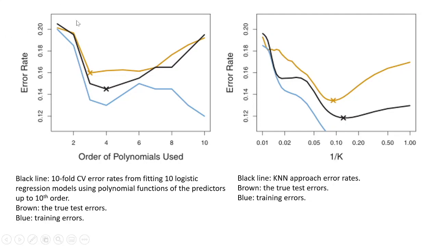The brown one is the true test error rate, and you can see that the true test error rate is lowest when the order of polynomial is equal to 3. The blue line here is the training error rate. If you look at the training error rate, as you increase the model complexity, the error rate for the training data set will continuously reduce, because you try to fit the training data as much as possible.